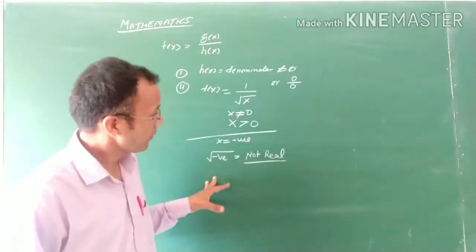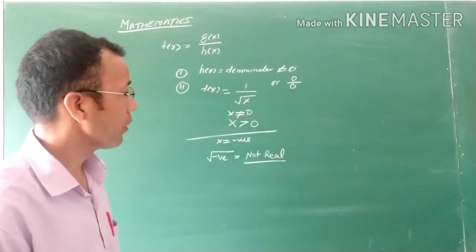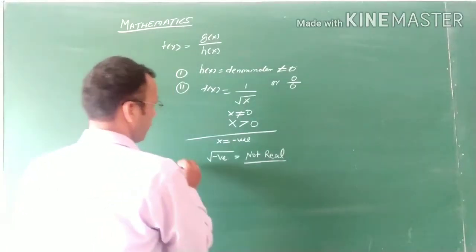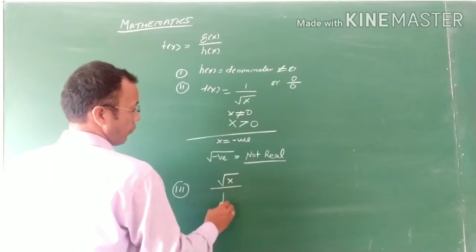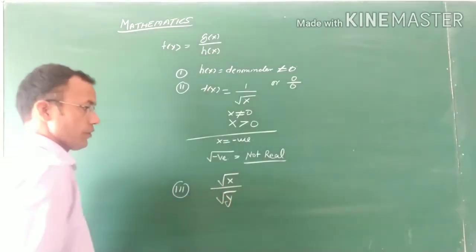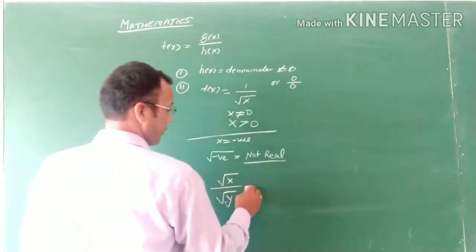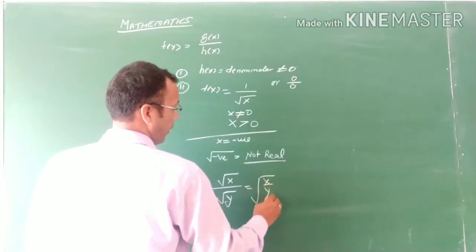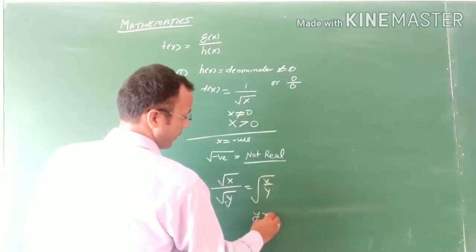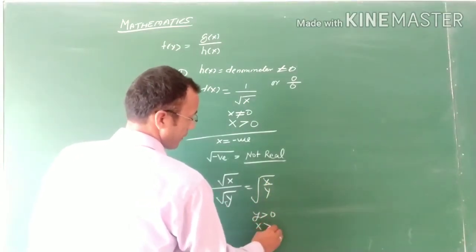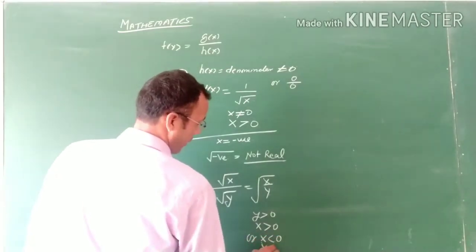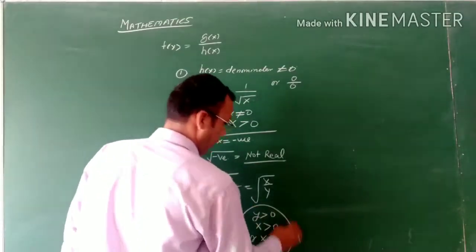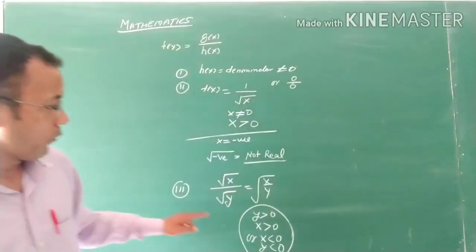Okay, so that means in the third part, if it is a question of the type under root x upon under root y, or under root of x upon y, then y is greater than 0, x is greater than or equal to 0, or x is less than 0, y is less than 0. Why?